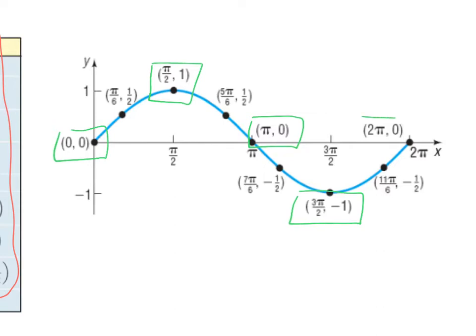And then my last one is 2 pi, comma 0. So those are the 5 key points. So when I say label your 5 key points with a transformation, I'm asking you to take those 5 key points and do the transformations that are required to get from point A to point B. So I'll give you a minute to write those down and to draw the sine wave.